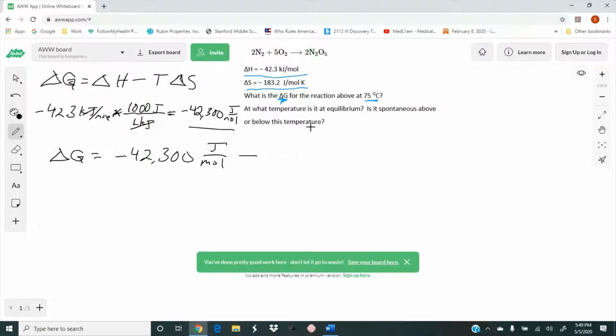Minus T delta S. First off, the T has got to be in Kelvin. You'll notice that the delta S here is negative 183.2 joules per mole Kelvin. So I need my temperature in Kelvin.